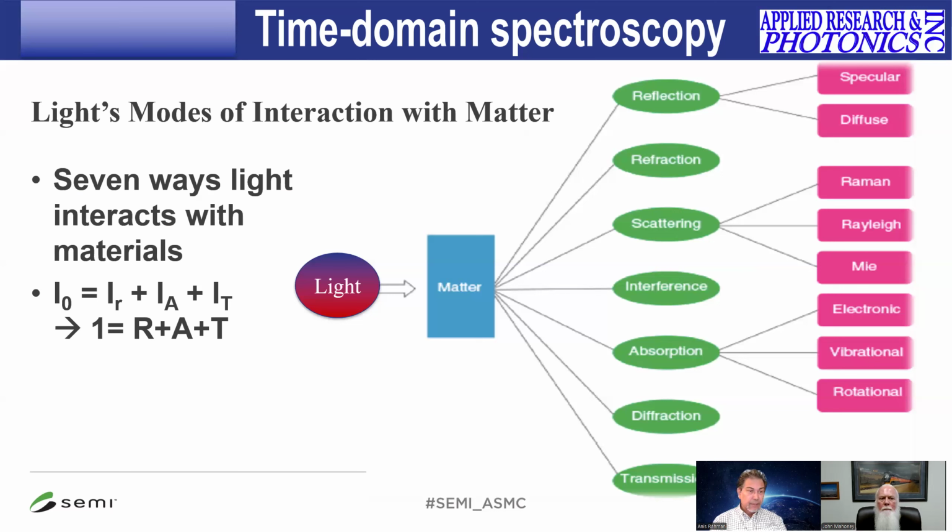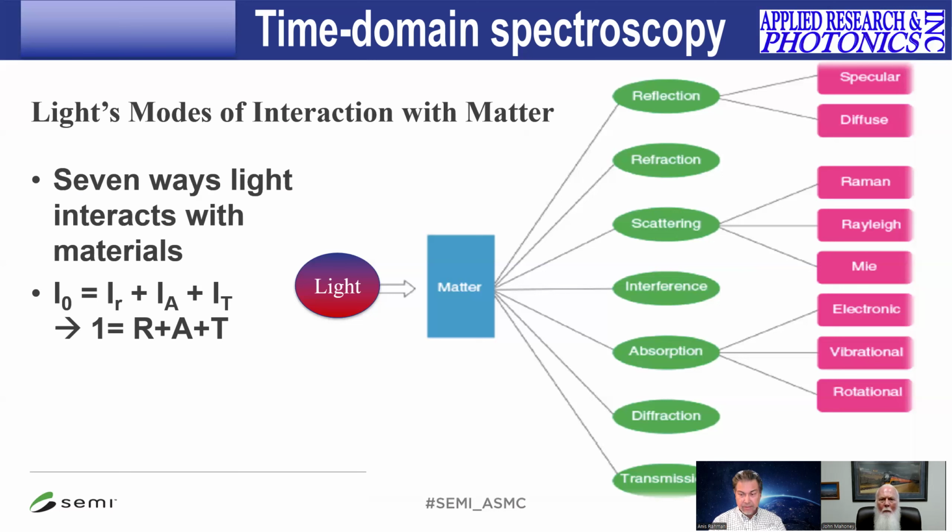So, in summary, these 7 main effects occur when any wavelength or energy, including terahertz, interacts with matter, and the total intensity incident on that matter becomes part of the 7 different effects if they are all there.